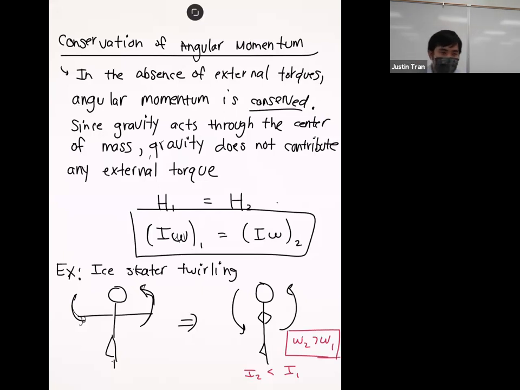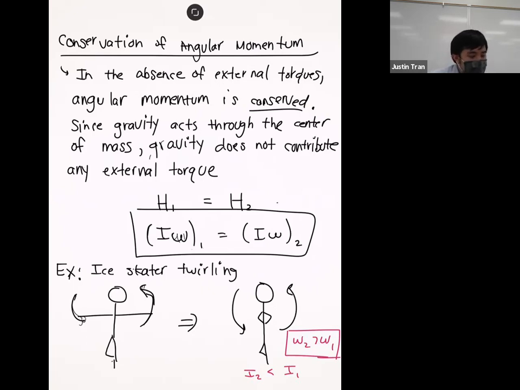You can see this very easily when you watch figure ice skating. When they go into a spin, they'll have their arms far away from their body, but when they bring their arms closer, they suddenly start spinning faster. It's not a visual trick at all. They actually are spinning faster, because their moment of inertia has gotten smaller, but their angular momentum is being conserved the whole time.